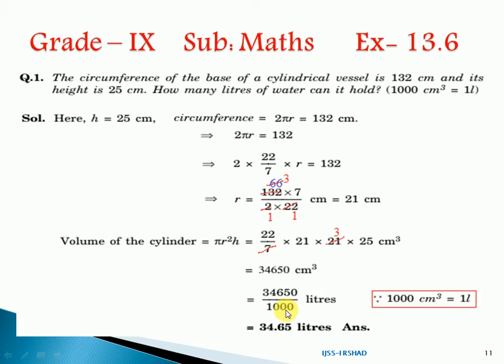When you divide by 1000, below in the denominator 3 zeros, so give the decimal after 3 digits, 1 2 3, means here you can give 34.650, and the last 0 has no significance after the decimal, so you can write 34.65 liter. So this will be your answer.